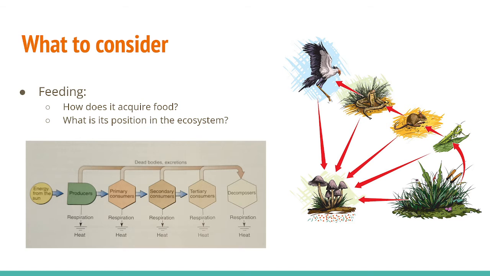For example, a lion could be considered an apex predator in the savannah, even though it's not the biggest or the strongest, because there are elephants around. But since elephants don't eat lions, lions are the apex predator in that environment. But when lions die, like everything else, they go back to the ecosystem with the help of decomposers.